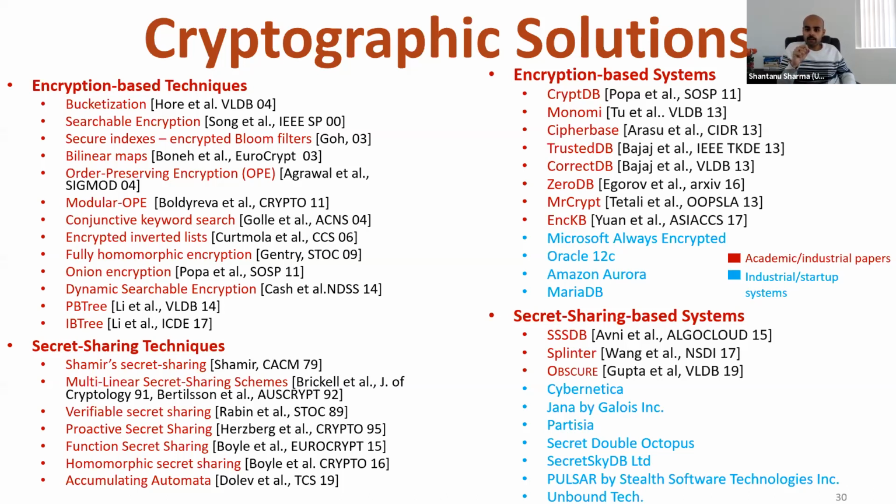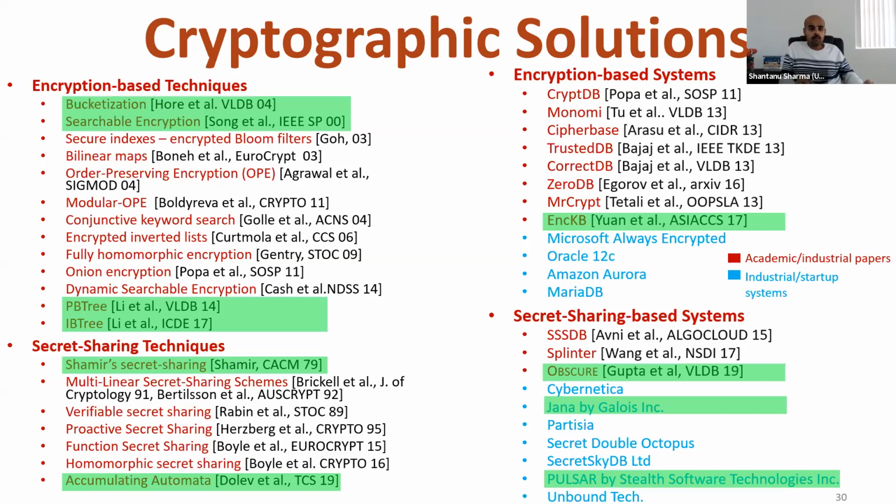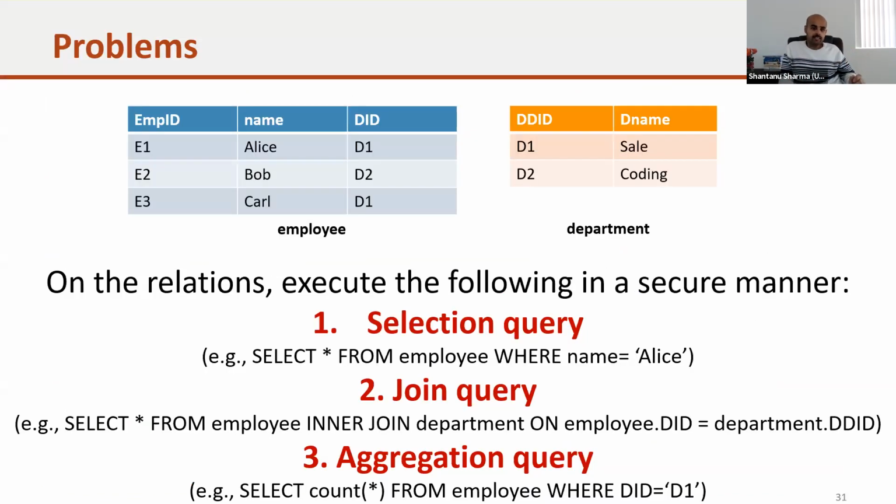The same is true for secret sharing based systems. There are some academic systems, and several industries are also working on developing secret sharing based systems. I will not cover all the techniques, I will cover some of them, and these techniques are shown in the green color.